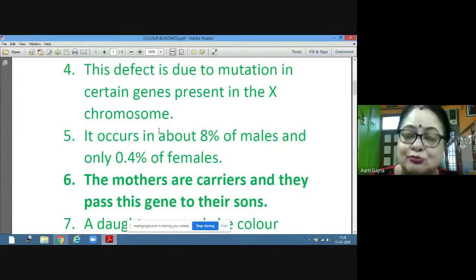So the mothers are the carriers, because even if the mother is heterozygous, she is a carrier. She is not affected, but she is a carrier. She can pass that recessive gene to the son, and that son would be affected because the son has only one X chromosome.